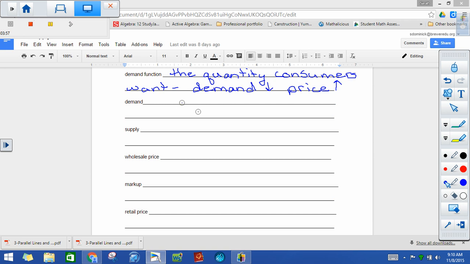So demand, sorry, I made a mistake. This is your demand. I'm going to flip-flop these. Your demand function. Sorry, I should have those things flipped in your notes. It's bothering me. The demand function will go here. So your demand function relates the quantity to its price.